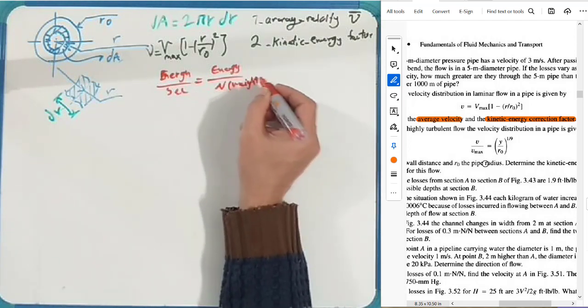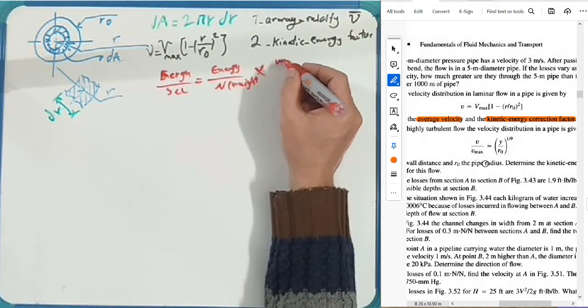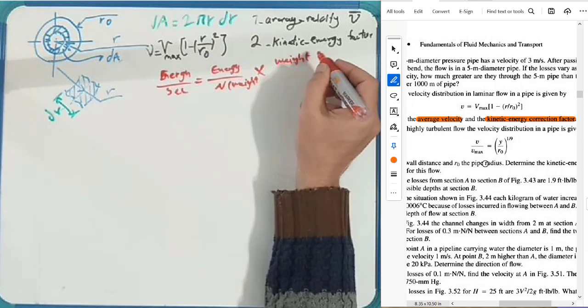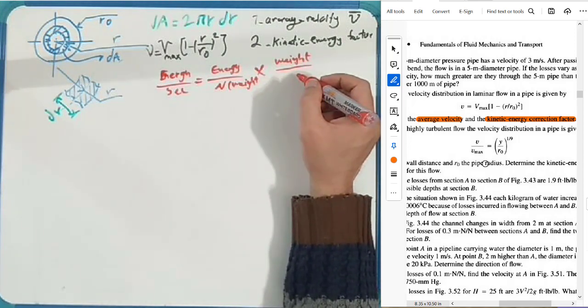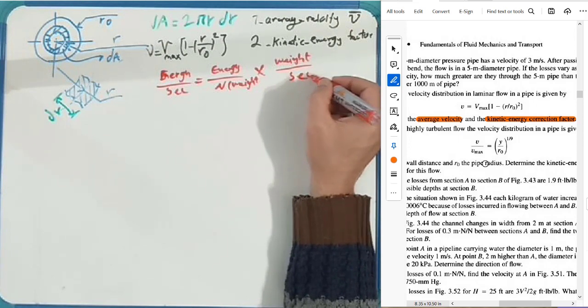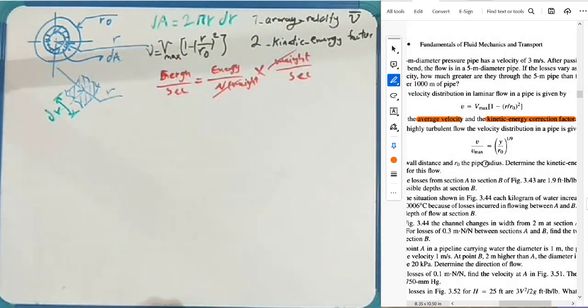Weight multiplied by weight in a second. Okay, these two eliminate, then energy per second will be like this formula. I will use this formula to solve the problem.